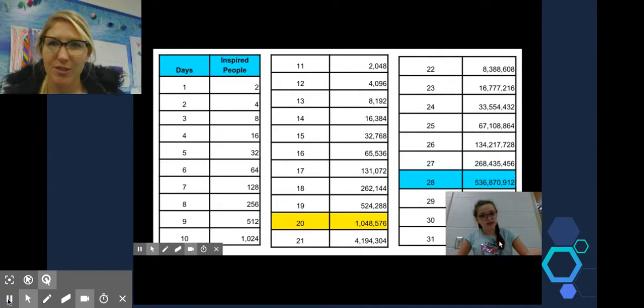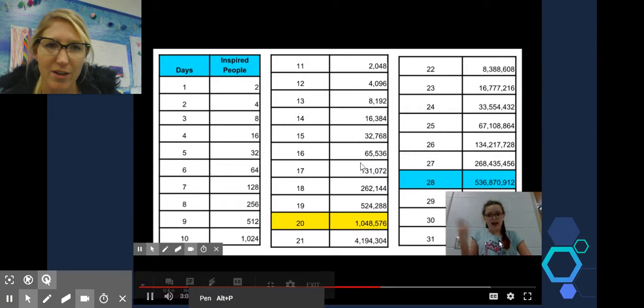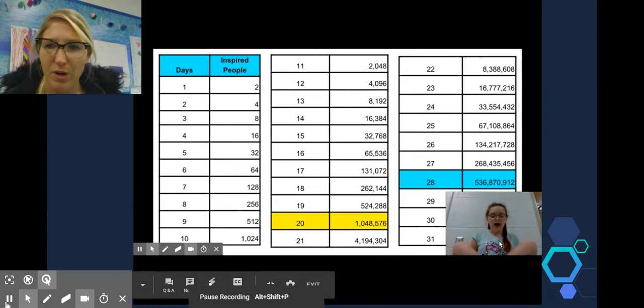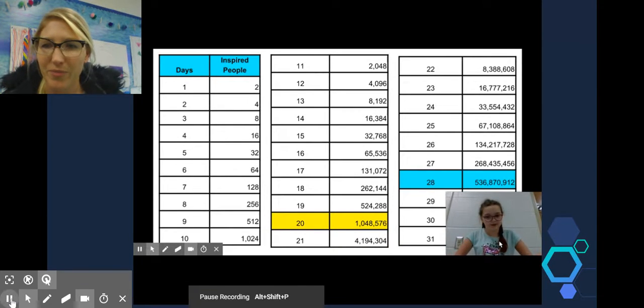And here's her step four, explaining the days and the inspired people and how long it takes for all of the US to have been inspired. And you'll see here the 28th day they hit their mark by inspiring enough people to hit the US.